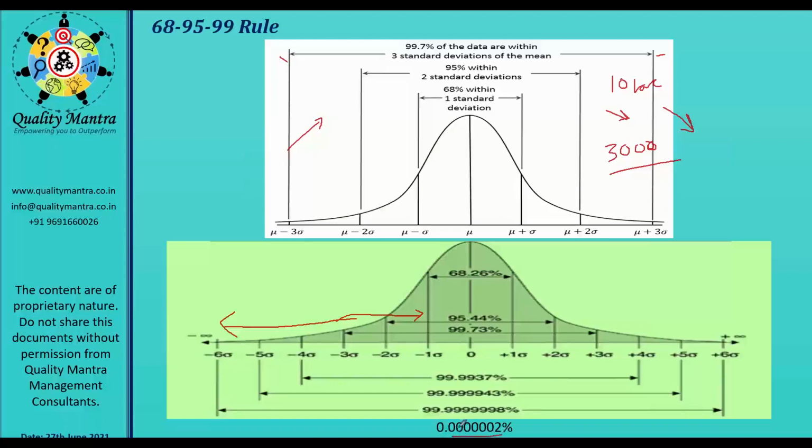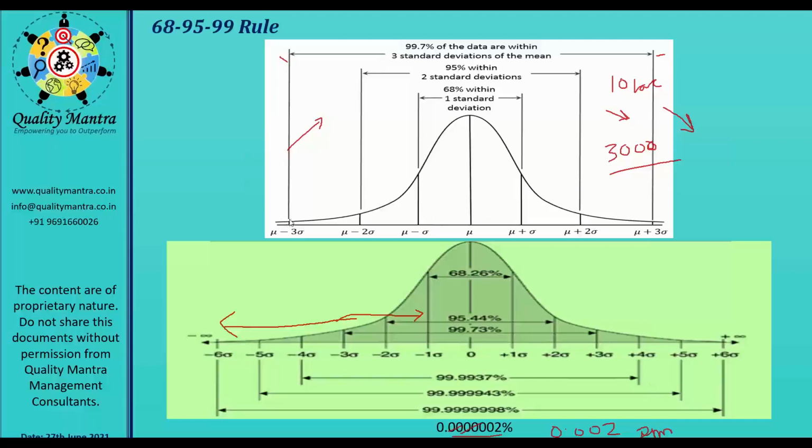That is, 0.002 defects per million opportunities. So if you have the process running at this, then you will have hardly 0.002 defects per million opportunities.